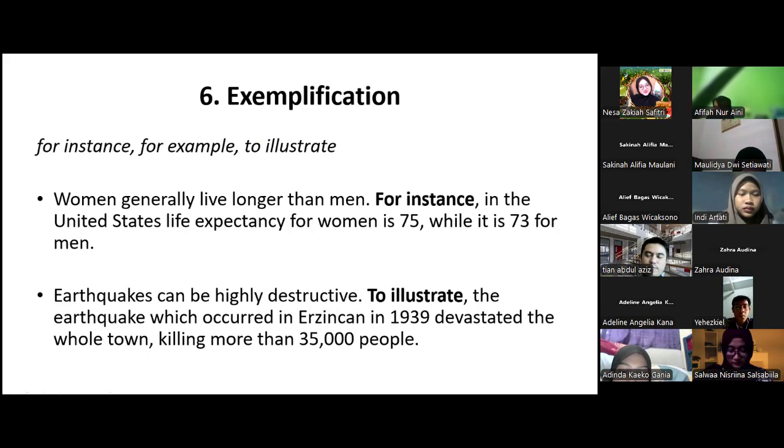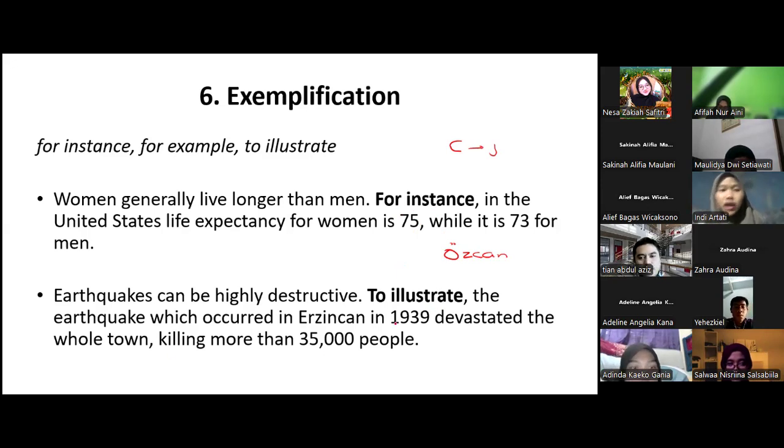If you read the letter C in Turkish, it is pronounced like J, as in Indonesian. For example, we pronounce this as Erzincan, not Erzincan.